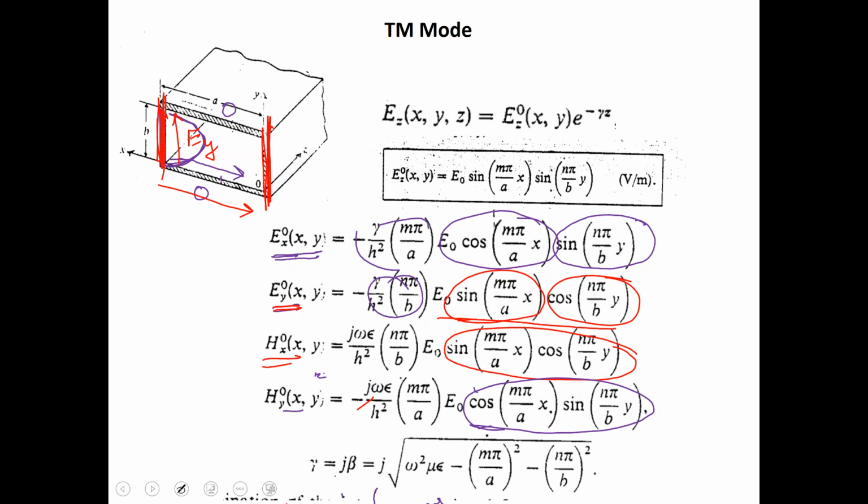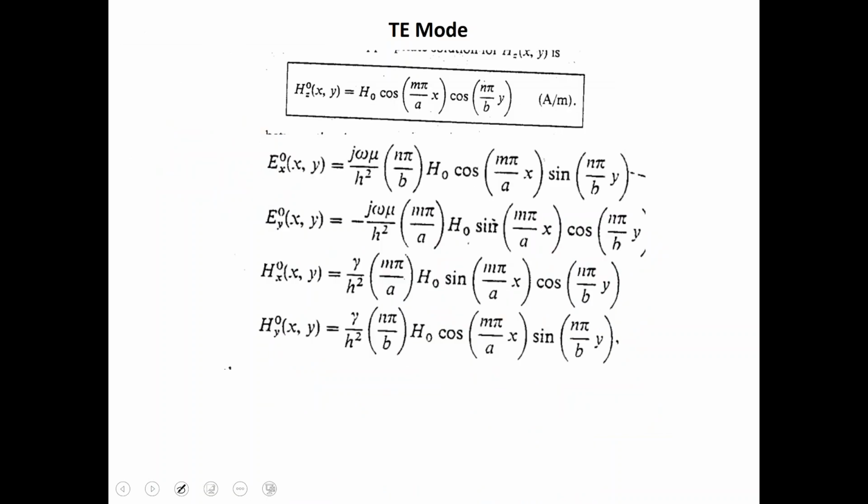And the propagation constant is very similar to the parallel plate propagation constant, except now because we have confinement in the second direction too, we start getting another term over here. That's the only mathematical difference to the propagation constant as opposed to the parallel plate waveguide.